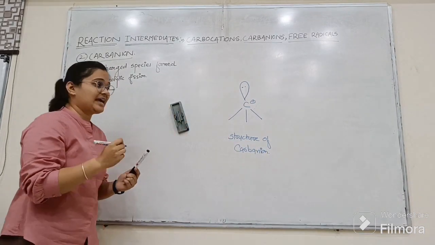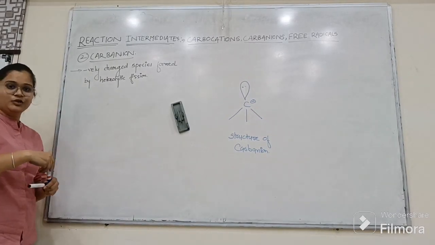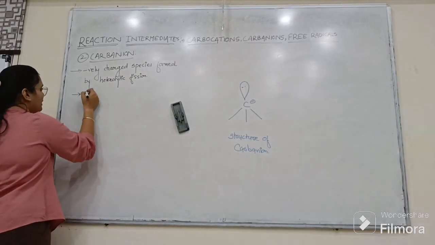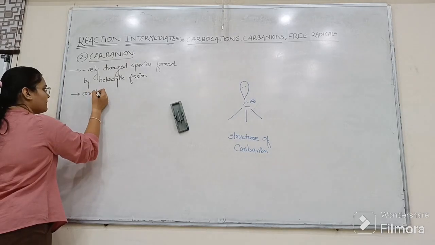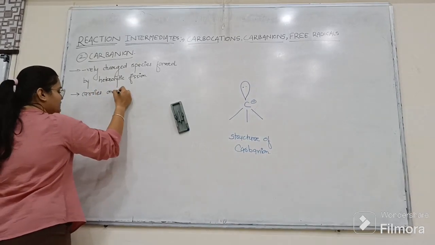So my carbanion carries one negative charge and one lone pair.